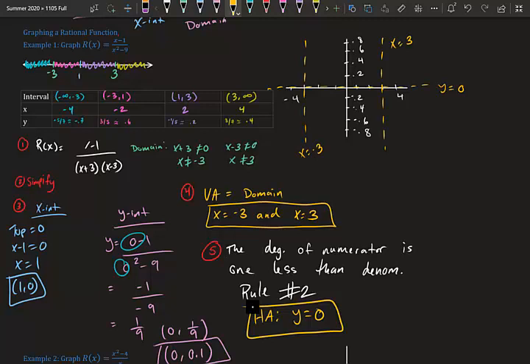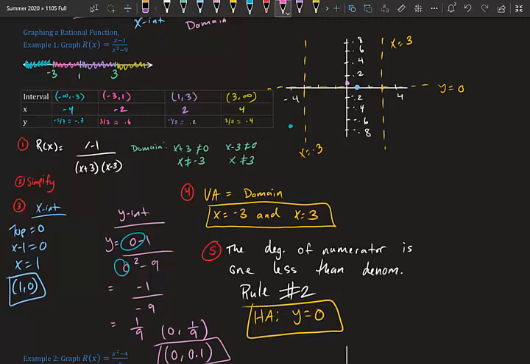Now let's just plot all our points. So we have an x-intercept at 1, 0. We have a y-intercept at 0, 0.1, so I would say that's like right here. Then we have the point at -4, -0.7. So -4, -0.7, it's about right here.